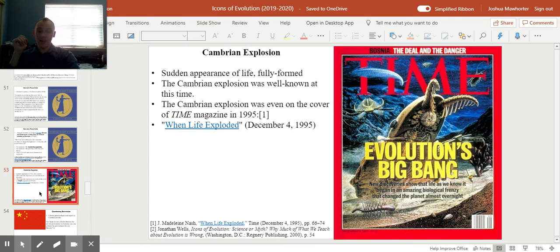Time magazine came out in 1995 with an article, When Life Exploded, talking about the Cambrian explosion, the sudden appearance of life fully formed. The Cambrian explosion is a well-known fact by 1995.